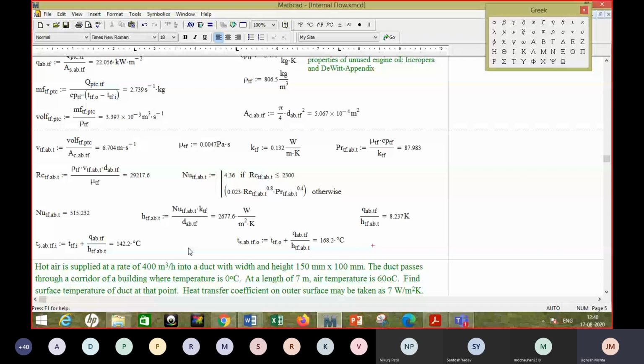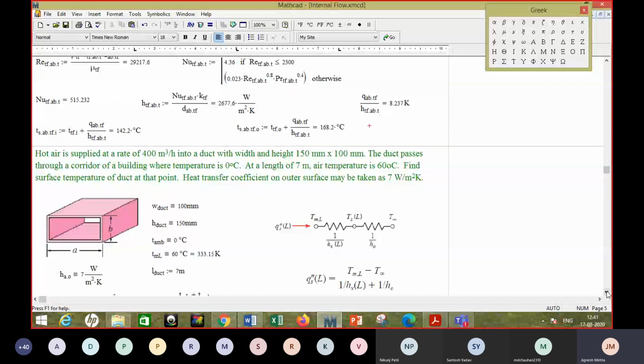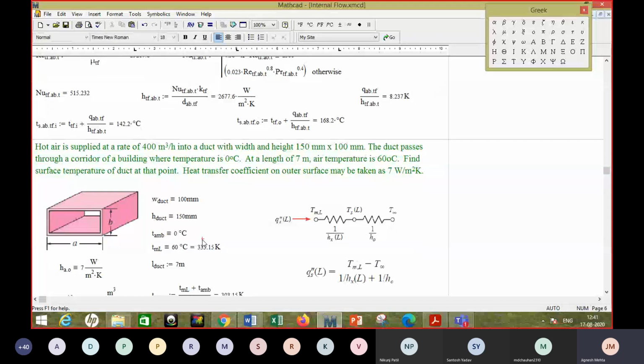Okay, so this brings us to the end of this example, and I want to take one more example, and it's given here. So now we are talking about a non-circular geometry. So there are 2-3 new things. Of course, they may not be completely new, but we may not have used them earlier, that I want to introduce here.